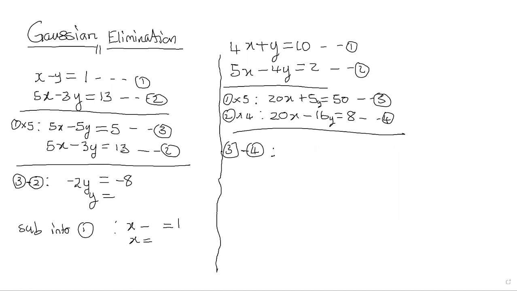Then 5 minus 13 is going to give us minus 8. When we divide both sides by minus 2, we get y equals 4. And then to solve for x, we just choose any one of these equations and substitute. In this case, let's just choose this one. It's the simplest. We're going to put 4 in place of y. This implies that x is equal to 5, right?